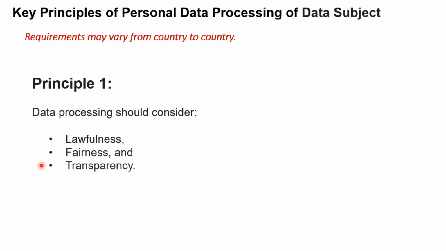And there should be the transparency element involved, because whenever the organization asks for any particular information from any customer or any individual, then the organization should provide the information to that customer as to why the information is being collected and why the individual should share the personal information with the organization. And in that case, the lawfulness would be judged and the fairness and transparency would be reflected on the part of the data controller and data processors. So this was principle 1.